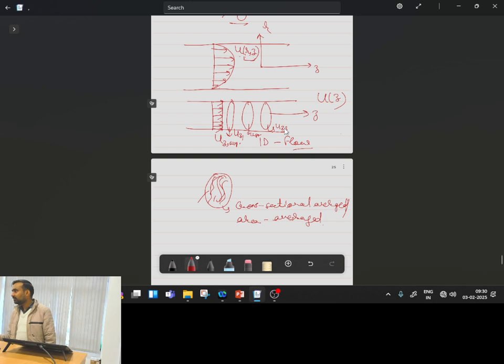Is this point clear? This type of assumption is called the assumption of 1D flow, or the area averaging of the equations.